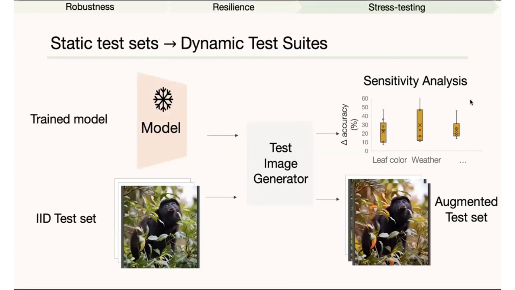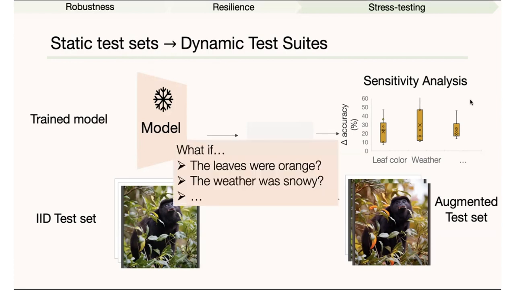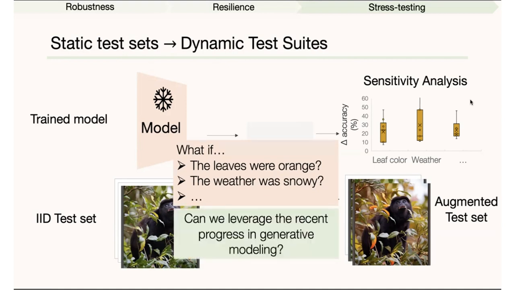So maybe its performance changes a lot as you change the leaf color, or if you change the weather in the scene. Essentially what we want to ask are what-if questions. So what if the leaves were orange, or what if the weather was snowy? So hypothesize different conditions that aren't in the test set.